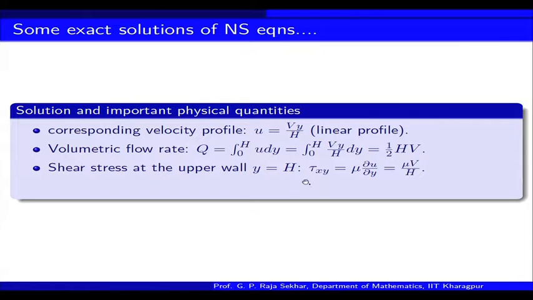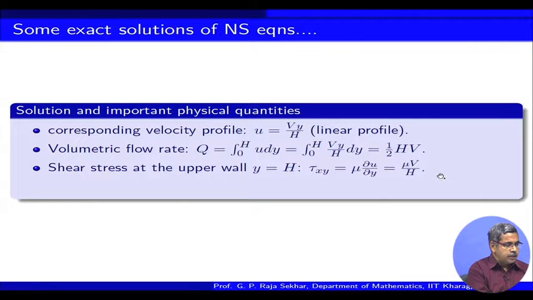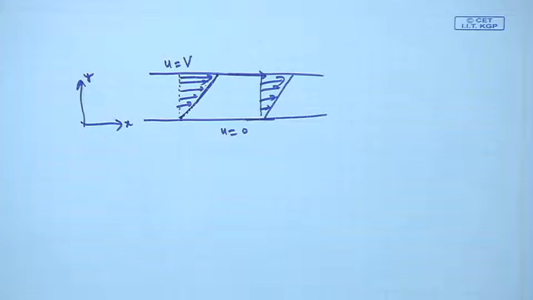Here we are on a surface having normal along the y direction, and the x component we are considering. So that is nothing but this. We have u, and dou u by dou y is nothing but v by h, and therefore this is the shear stress. You will not appreciate much of what is happening here, because it is a very simple channel flow, a linear profile.